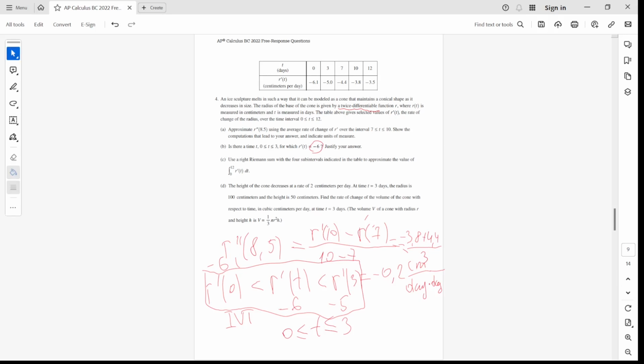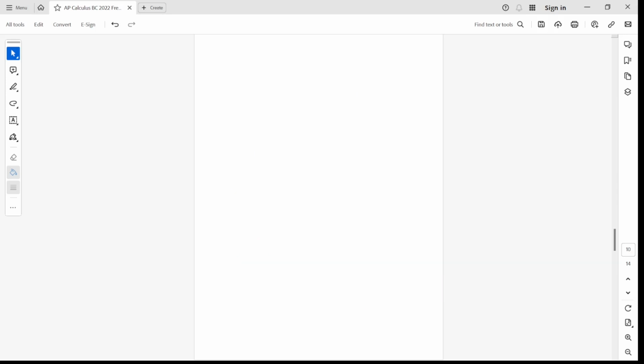And for the next part, we need to calculate a Riemann sum. So basically, what the Riemann sum is, let's sketch a graph. For example, ln of x. So it looks like this.